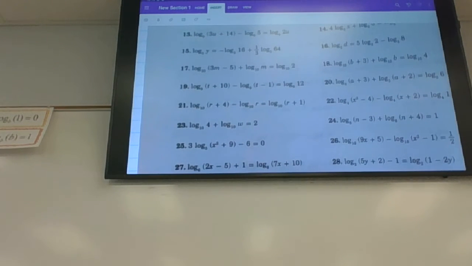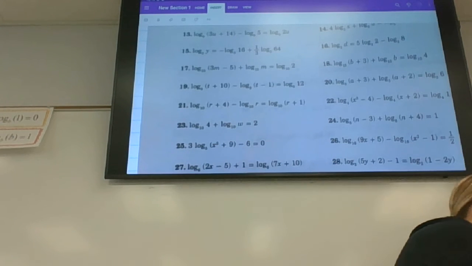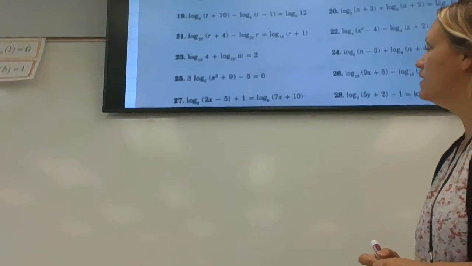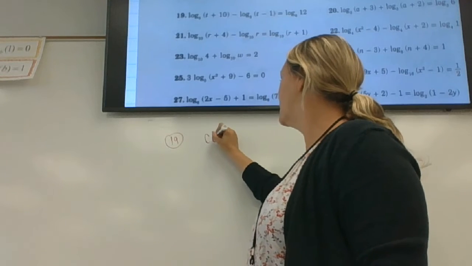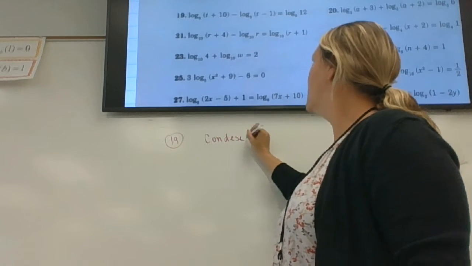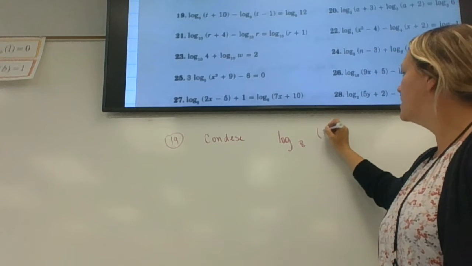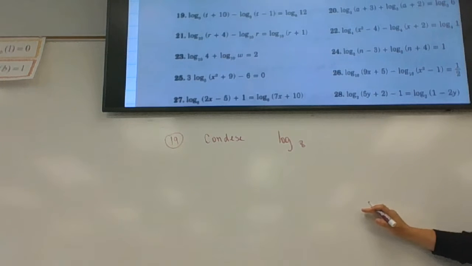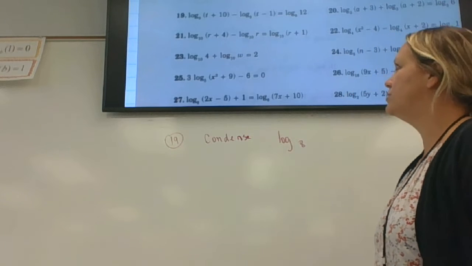Alright, so 19, I hope you guys have started it, completed it, ready to move on. This is what we covered yesterday. So I want to start by condensing. Log base 8. What I see here is subtraction, and subtraction can be rewritten as a condensed logarithm using the quotient property.